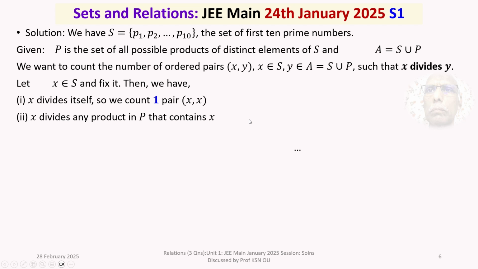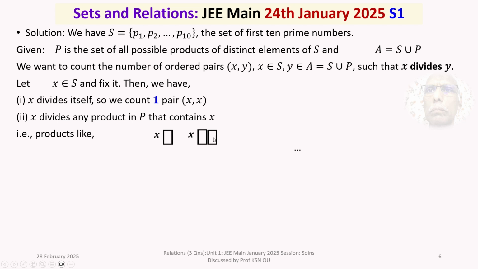So our count will be, that is, products like x multiplied by an element of S, then x divides this one. Or product of 3 elements that contains x.